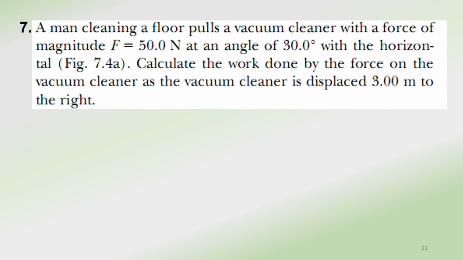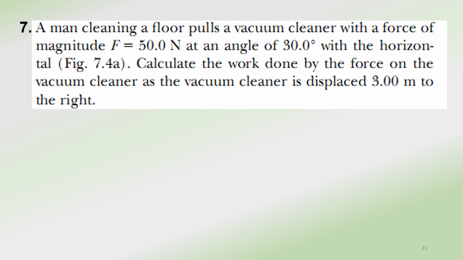And question number 7. A man cleaning a floor pulls a vacuum cleaner with a force of magnitude F at an angle 30 with the horizontal. Calculate the work done by the force on the vacuum cleaner, as the vacuum cleaner is displaced 3 meters.